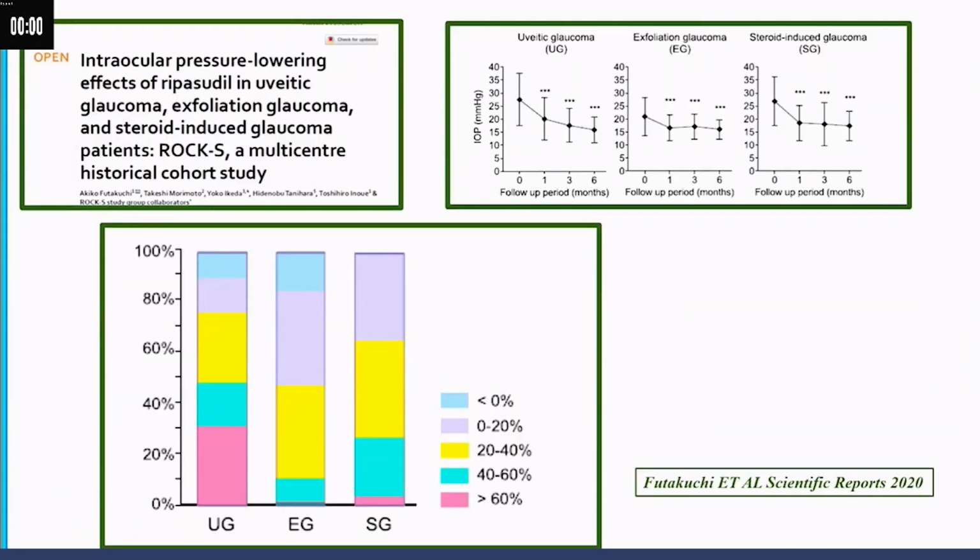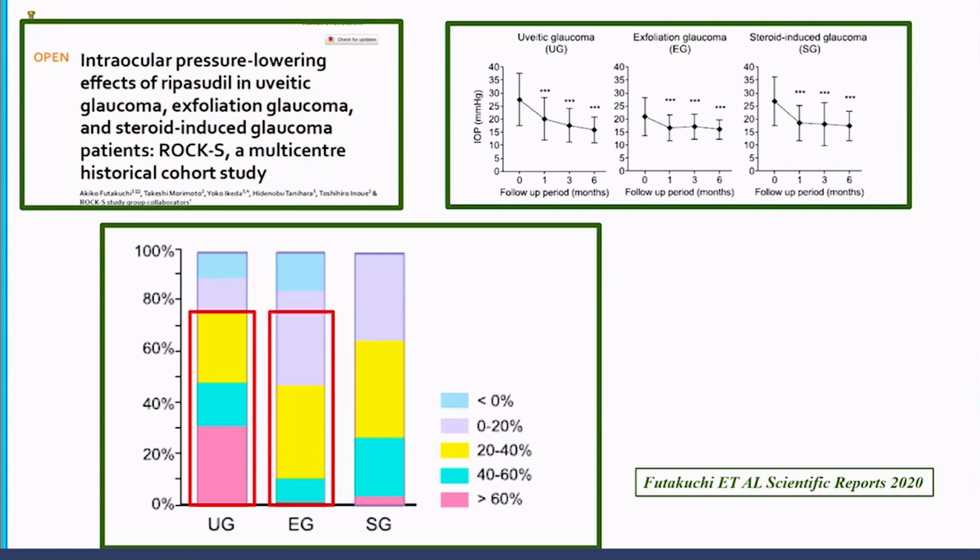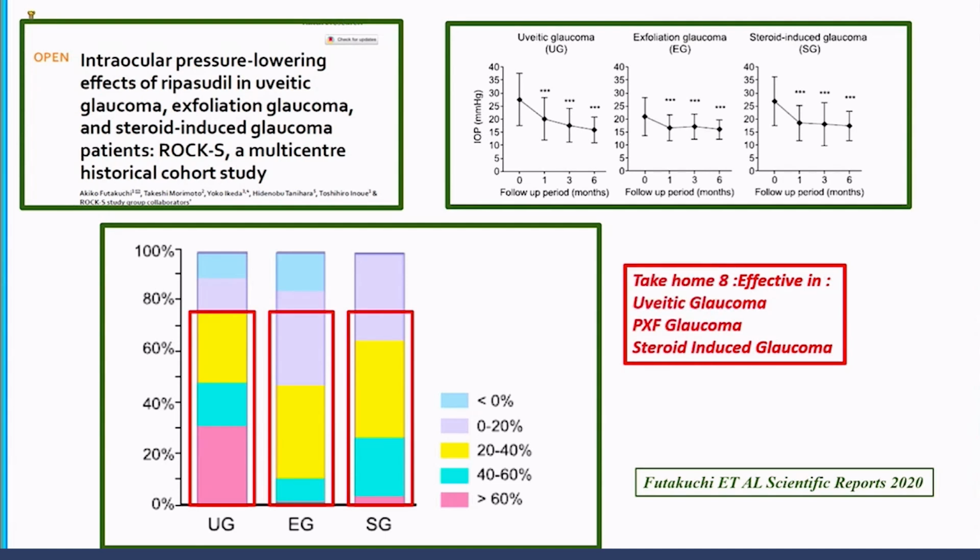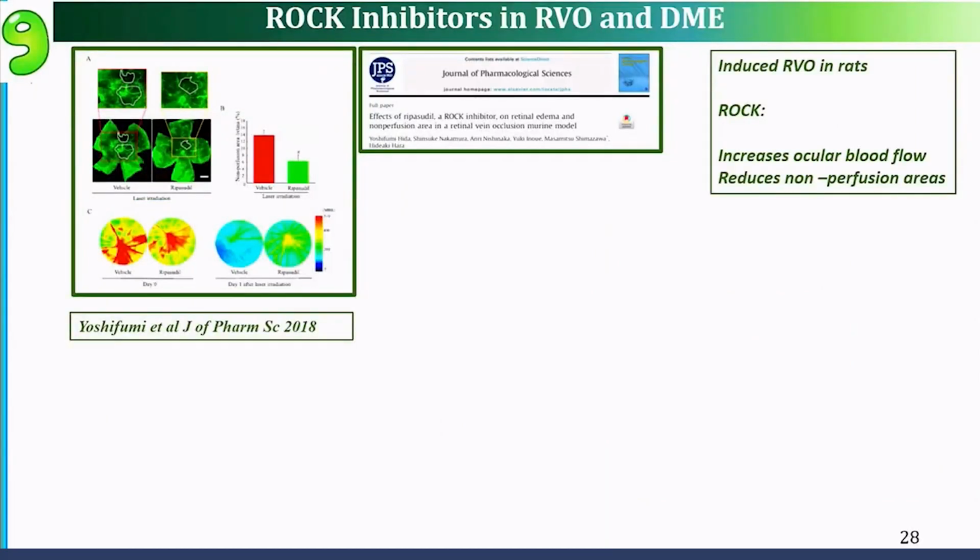So if you look at this very interesting chart, you see that there's a huge response of uveitic glaucoma cases, of exfoliative glaucoma cases, and of steroid-induced glaucoma to ROCK inhibitors, which is take home 8, effective in uveitic glaucoma, PXF glaucoma, and steroid-induced glaucoma.